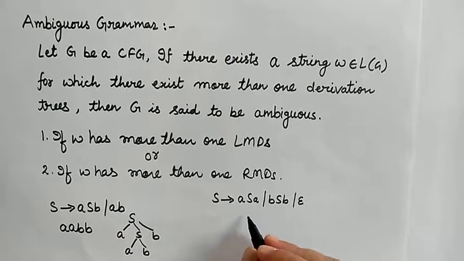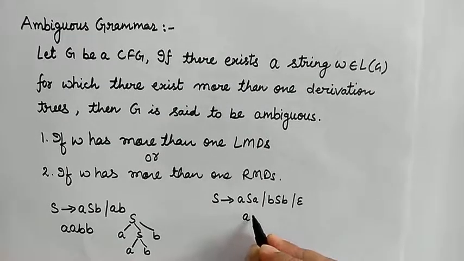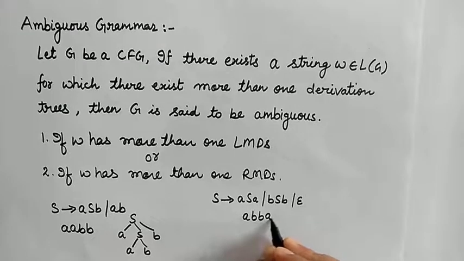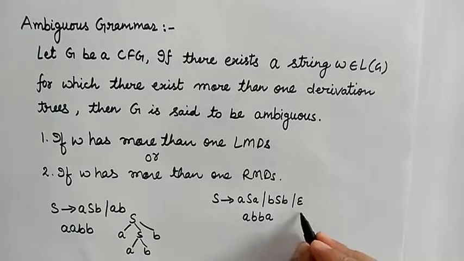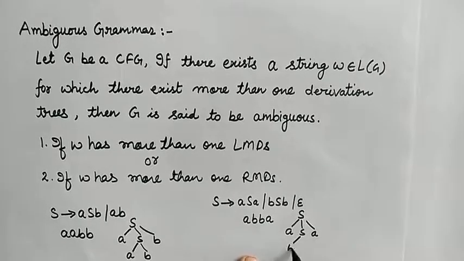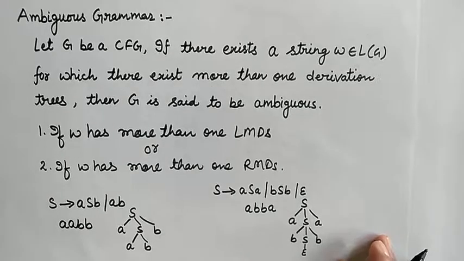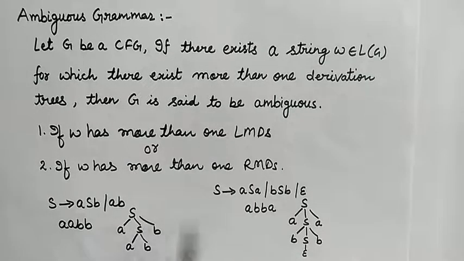Like if I want to derive a string, let's say ABBA, then the derivation tree would be S → ASA, then S → BSB, then S → epsilon. So you see, these two grammars are unambiguous grammars.